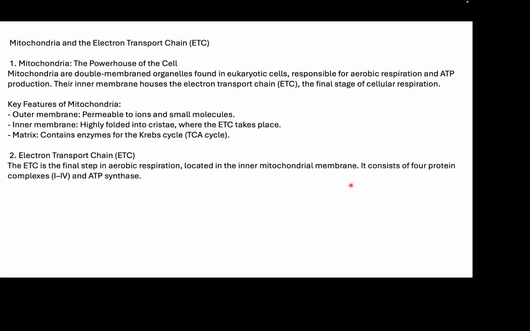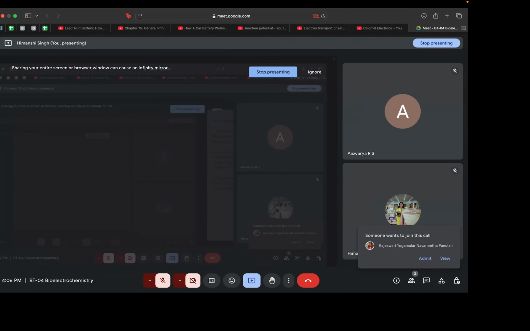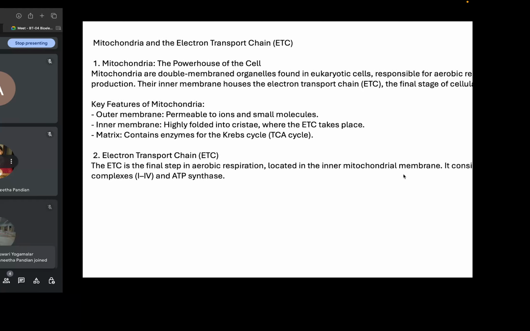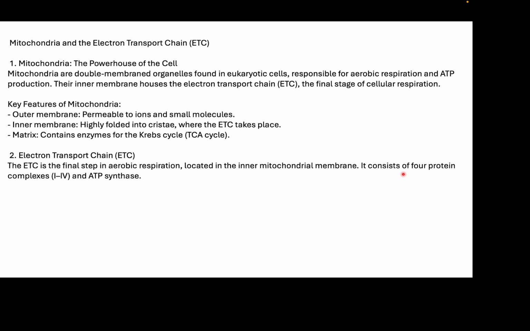Do you remember, whenever you feel very low on energy, we generally have Glucon-D or glucose, or people suggest us to eat something, right? So why do we need to eat when we are feeling low on energy? It's because the reservoir for energy, that is ATP in the human body, is reduced.